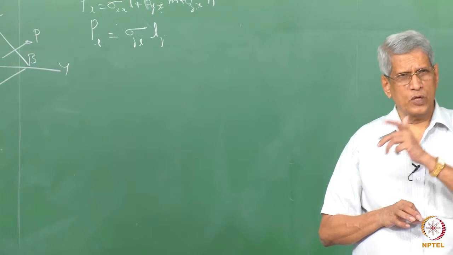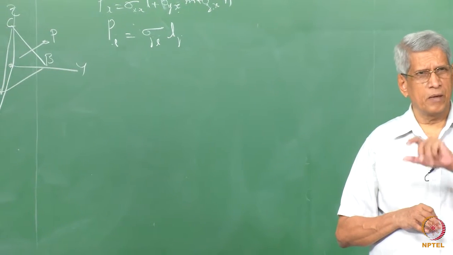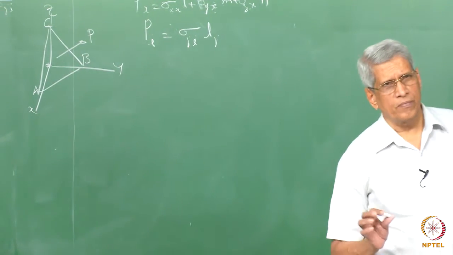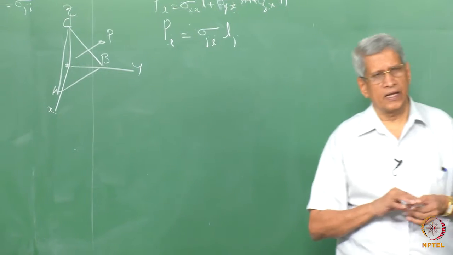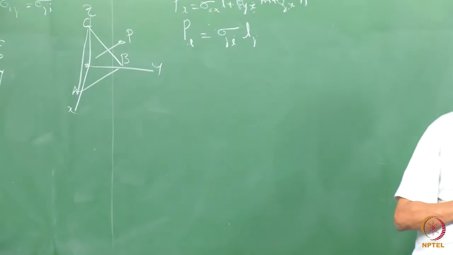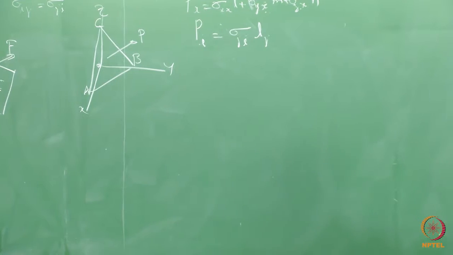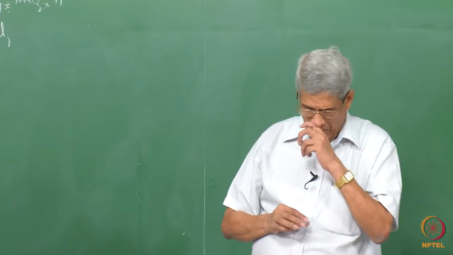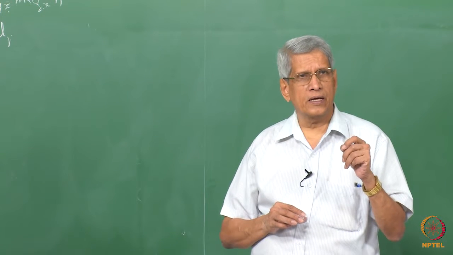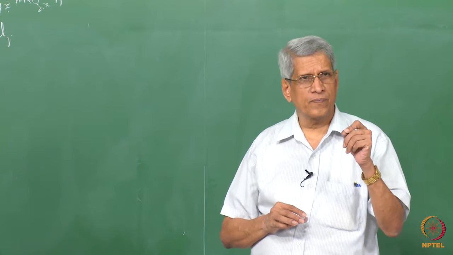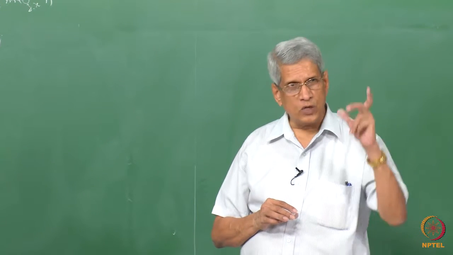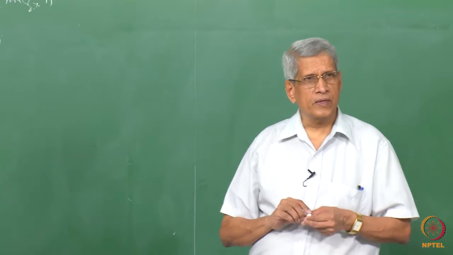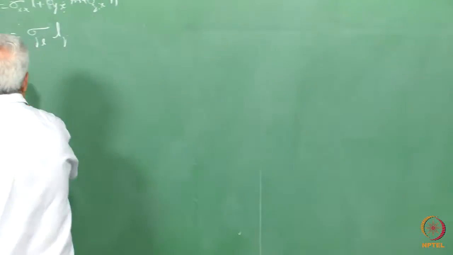With respect to a plane normal, they may be making some angle with respect to the world coordinate system, like what we have learned earlier in coordinate transformation. In such a case, we can find out the stresses along different directions with respect to that coordinate system in terms of the world coordinate system, and that will be given by this formula.